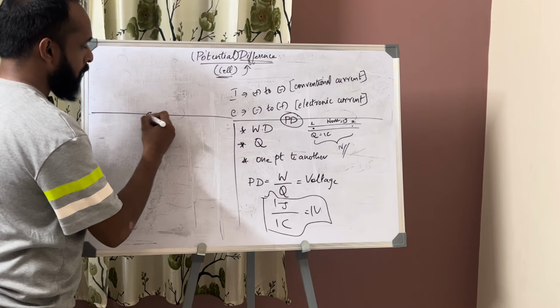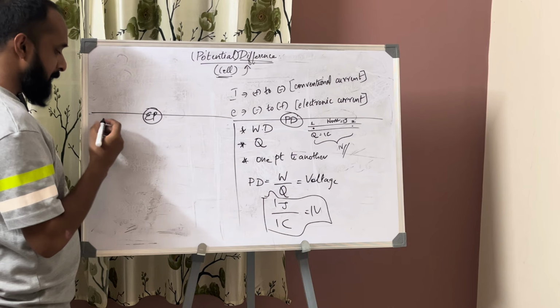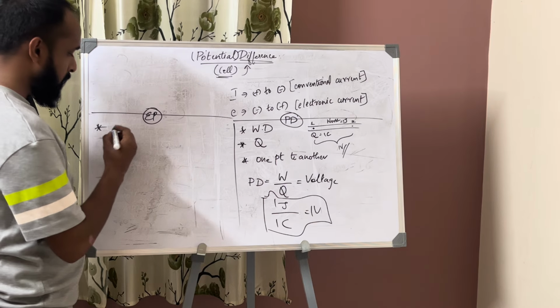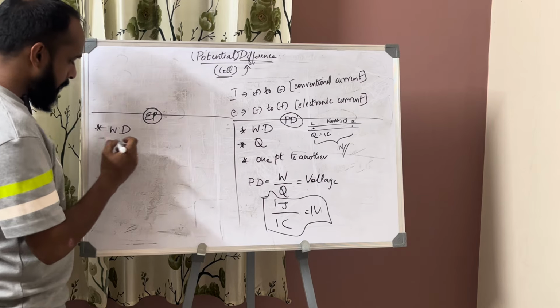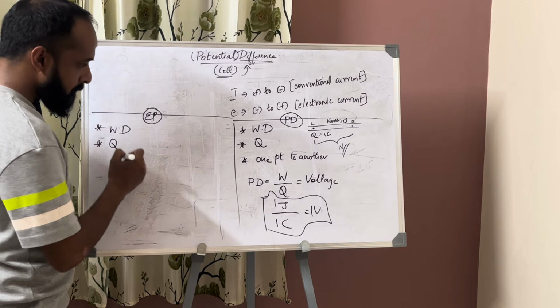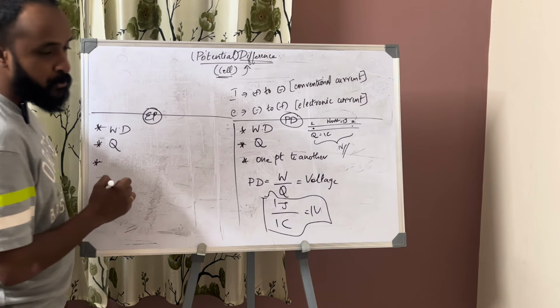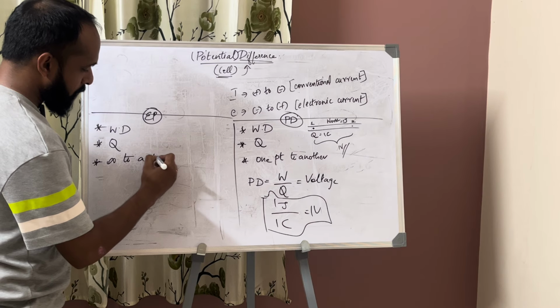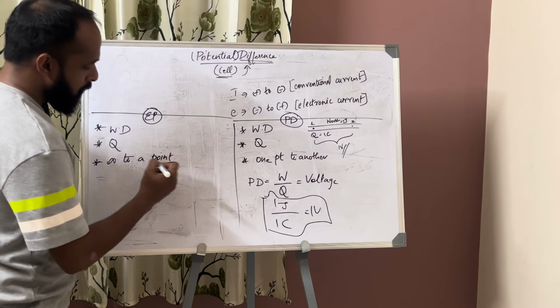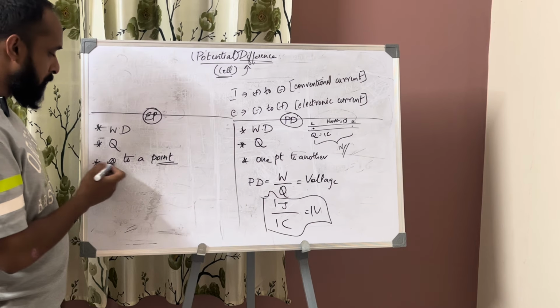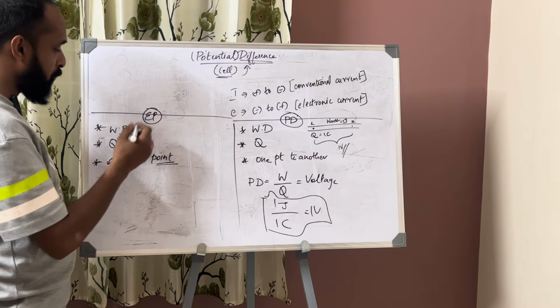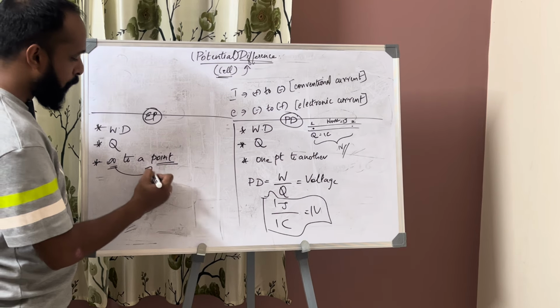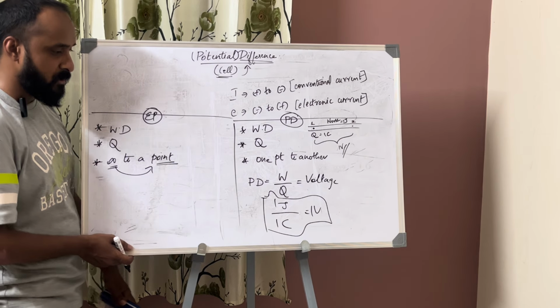What we have for electric potential is the same formula with a minute change, which would be work done in carrying a charge not from one point to another point, but from infinity to a point. The common reference point that we use here would be infinity. So whatever work you do in carrying a charge from infinity to a point is given as electric potential.